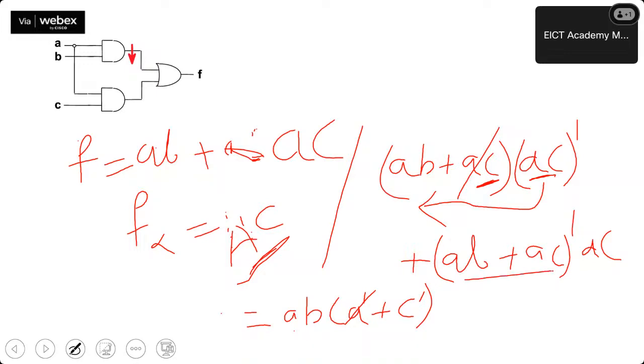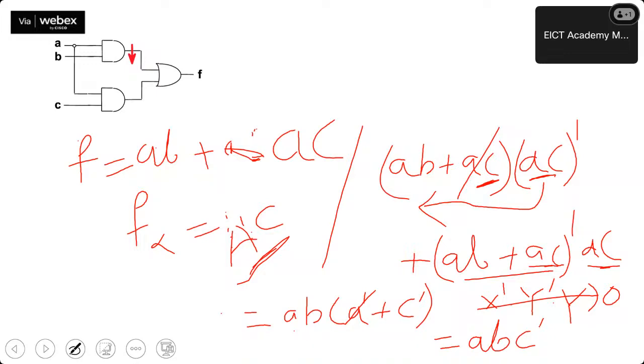This is (XY) whole dash. What can you write? X dash dot Y dash. So Y dash into Y, this complete term is actually 0. What are you left with? You are left with ABC dash. What is the meaning of the minterm ABC dash?